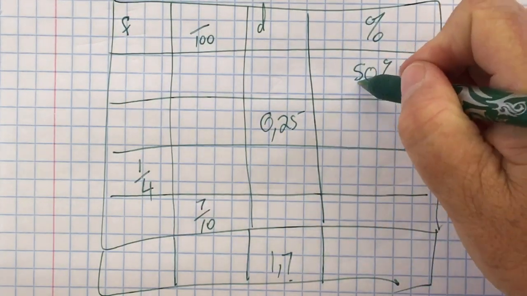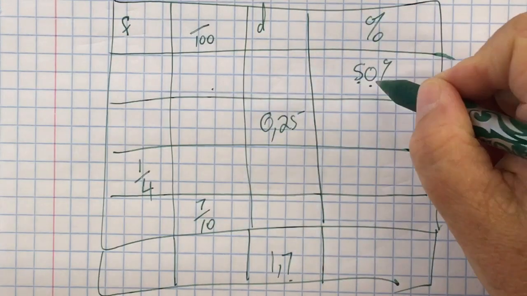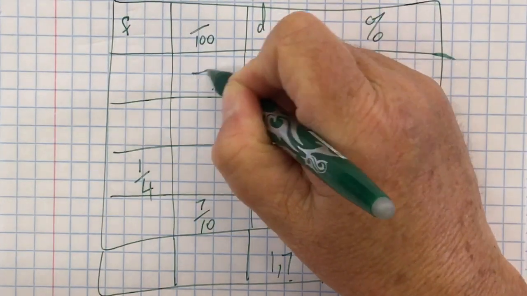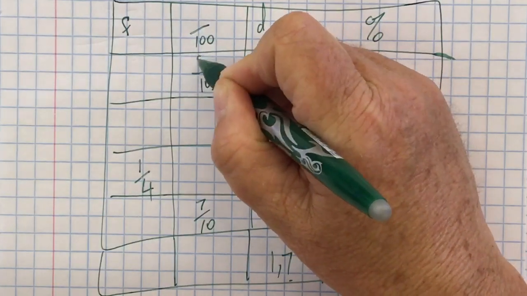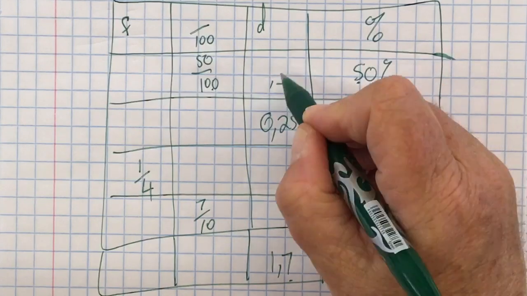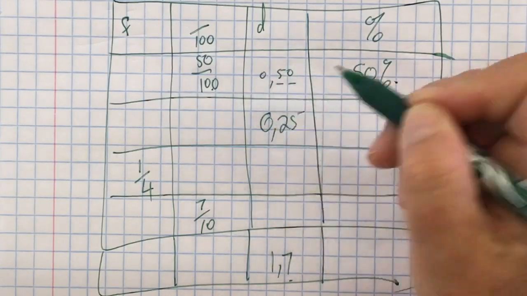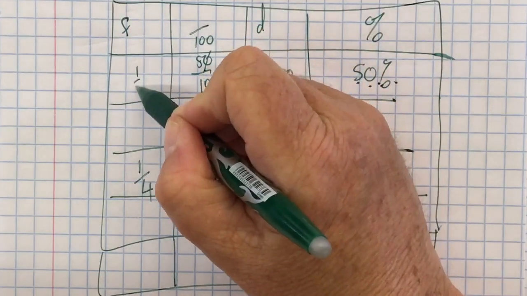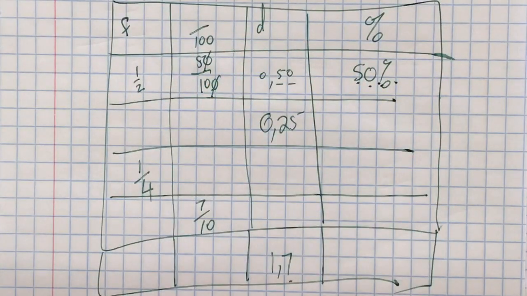First one here, you're looking. From here, go straight here because you must know off by heart that the denominator to this is 100. From here, you know that your number must have 2 decimals. And then you simplify and you should recognize that that is a half. Okay, a lot of it is recognition.